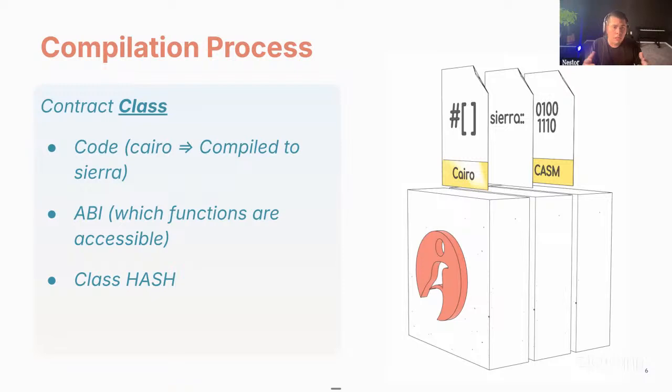That smart contract is written in Cairo. And when you complete that portion, you create an instance of a contract, and you have three things. You have the compiled Sierra code, you have the ABI, which is the application binary interface, and you have the class hash.